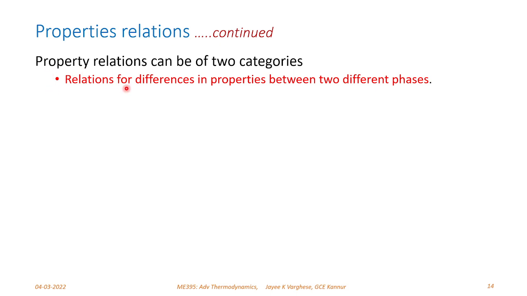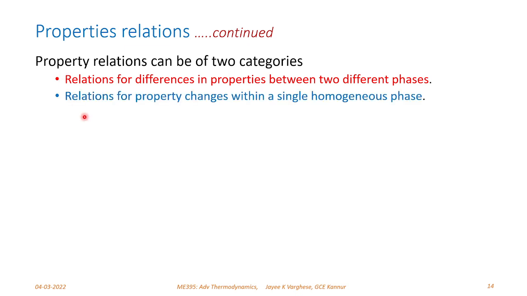It need not always be melting or vaporization. It can also be, say, the crystal structure of a metal changing from alpha to delta or something like that. There also a phase change takes place. It need not always be from solid to liquid or liquid to vapor. It can also be another way of phase transition. So during these, the property relations have to be formed.